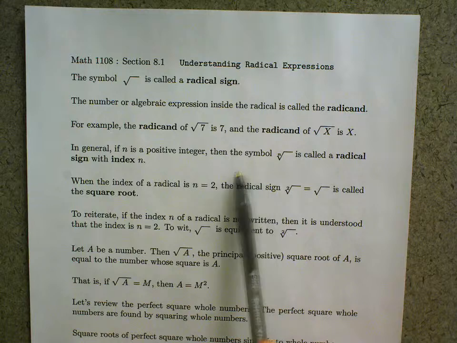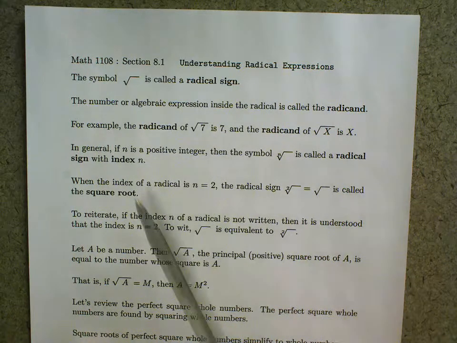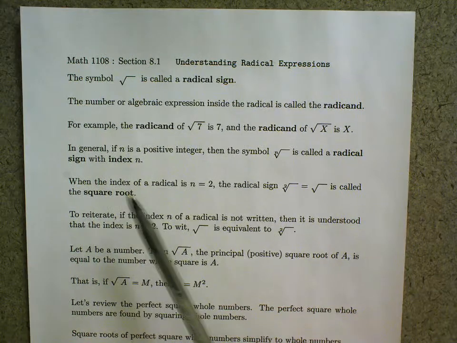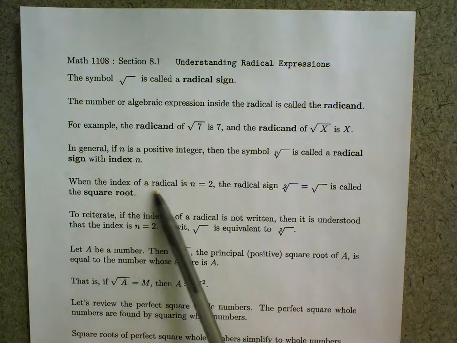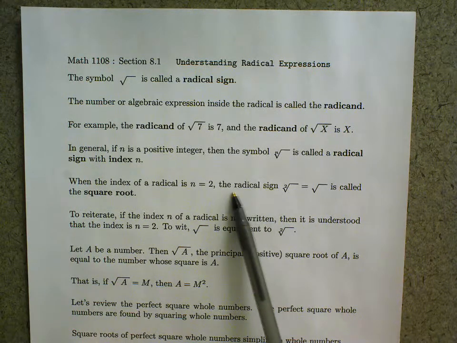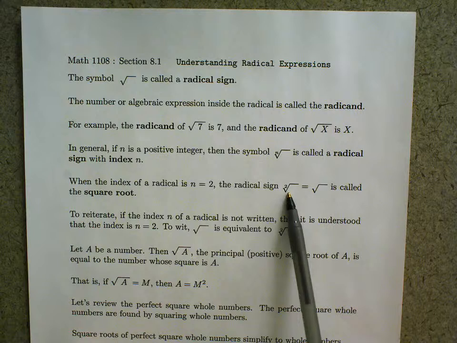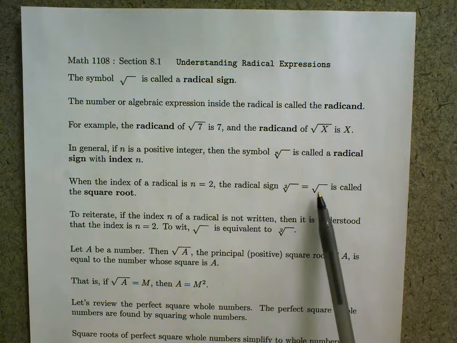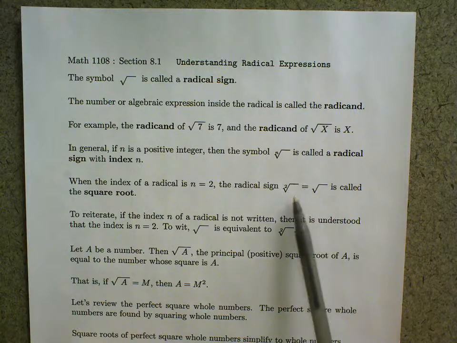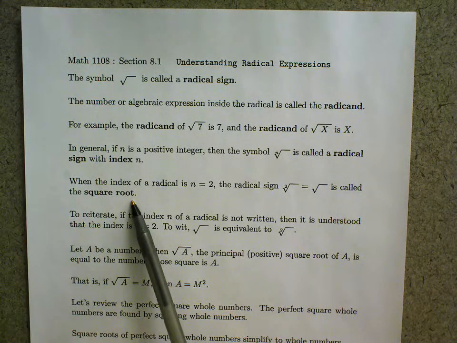So a radical with index n, where n is a positive integer. When the index of the radical is n equals 2, the radical sign can be written this way. You can put the integer 2 there, or you can leave the 2 out. Either way, it's what is called the square root.